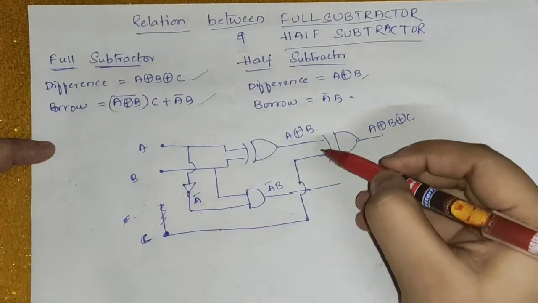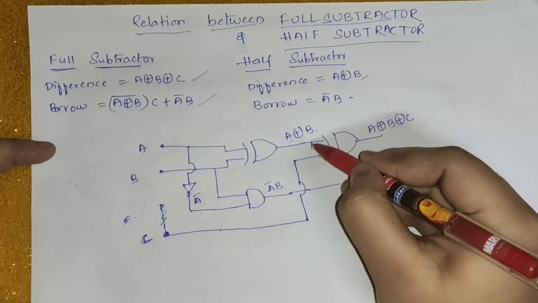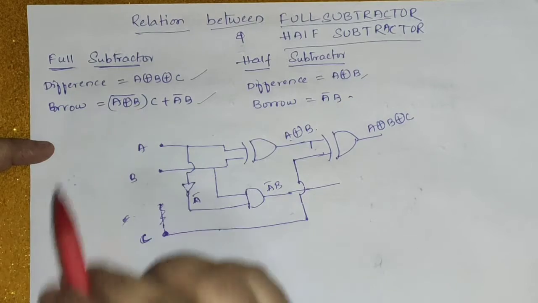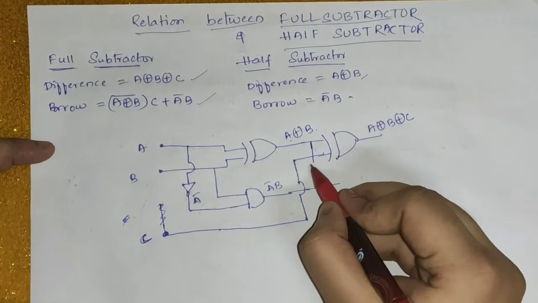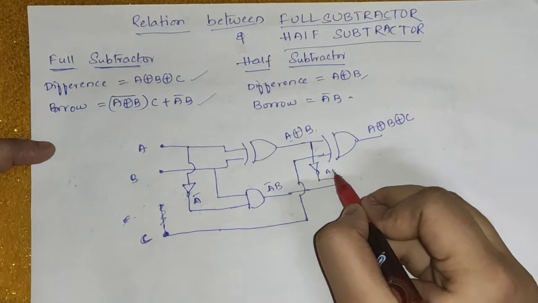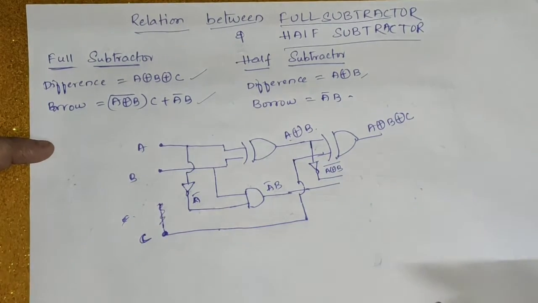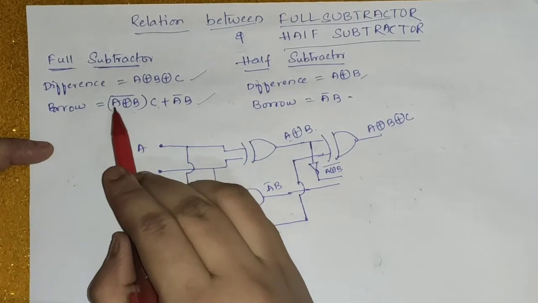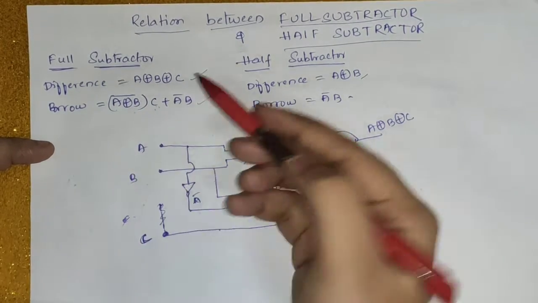Now let us take a XOR b. To obtain the borrow, a XOR b is inverted, so let us construct the NOT logic, then we will get a XOR b whole bar, which is inverted. Now construct the AND logic between a XOR b whole bar and c.